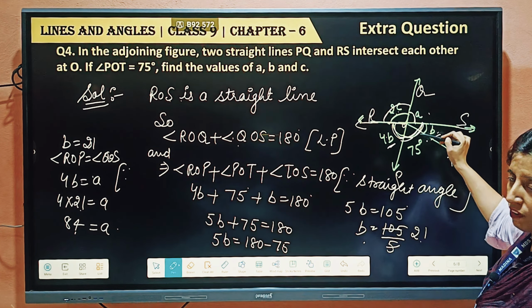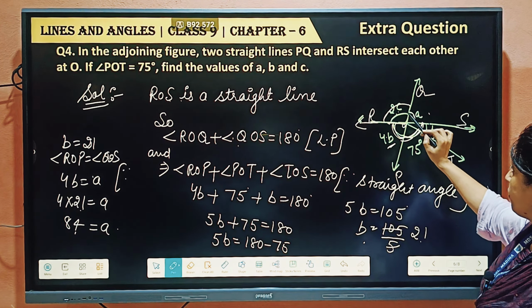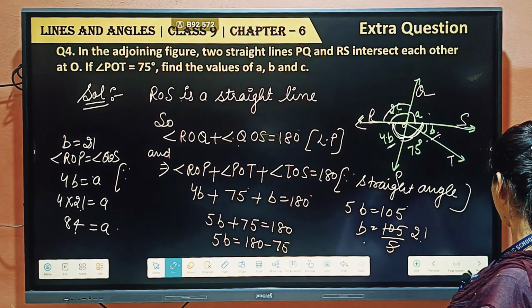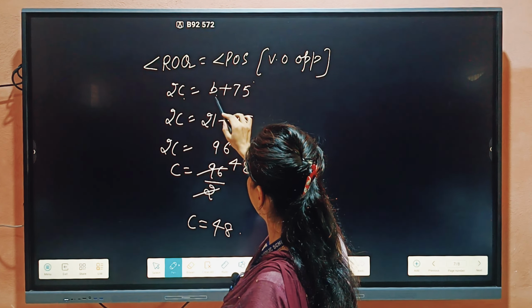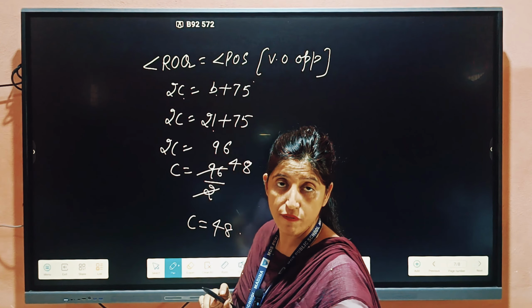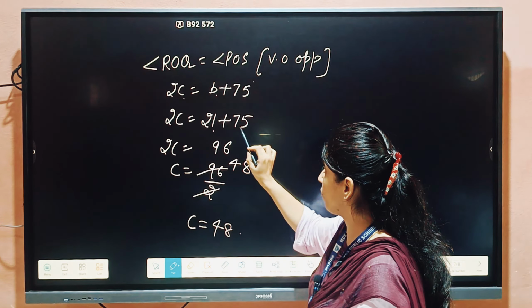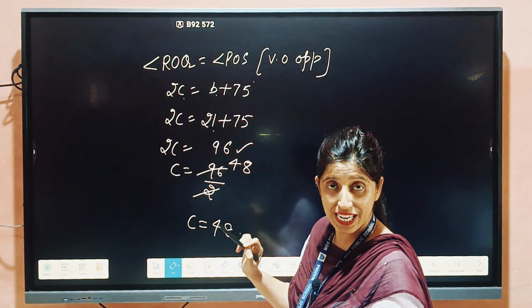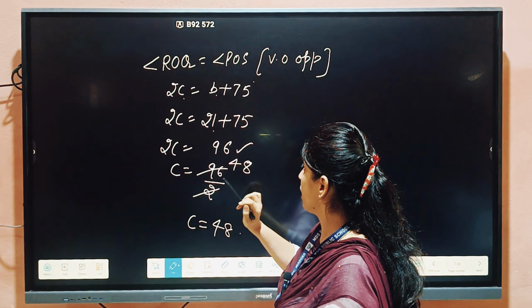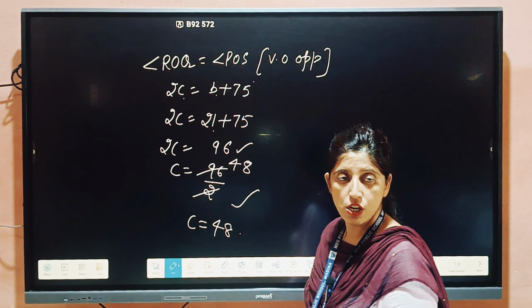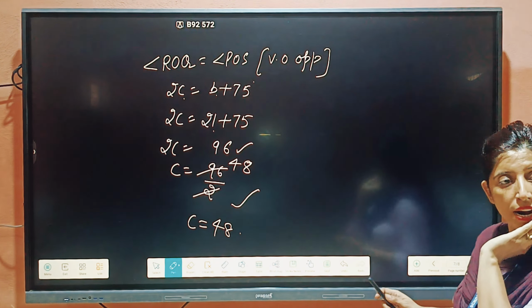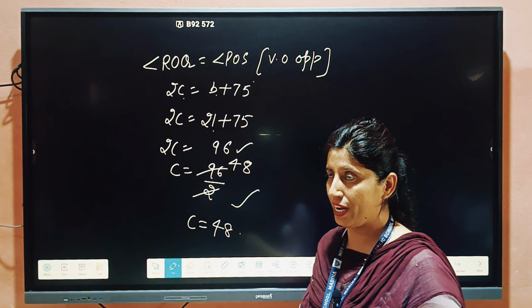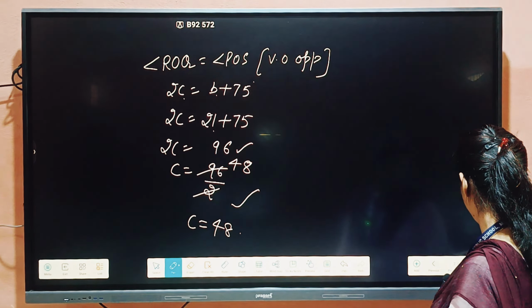So B plus 75 equal to 2C. B value we already found, 21 degrees. So 75 plus 21 becomes 96. 2C is equal to 96, so C value came 48. So all values came, A, B and C. I hope all of the students understand this question. Now we will move to the next question.